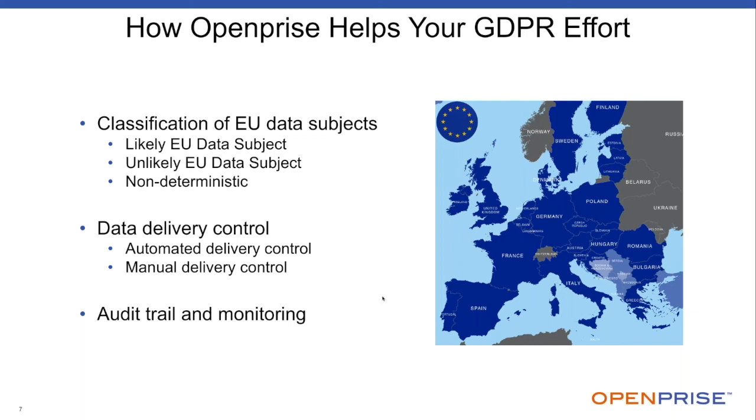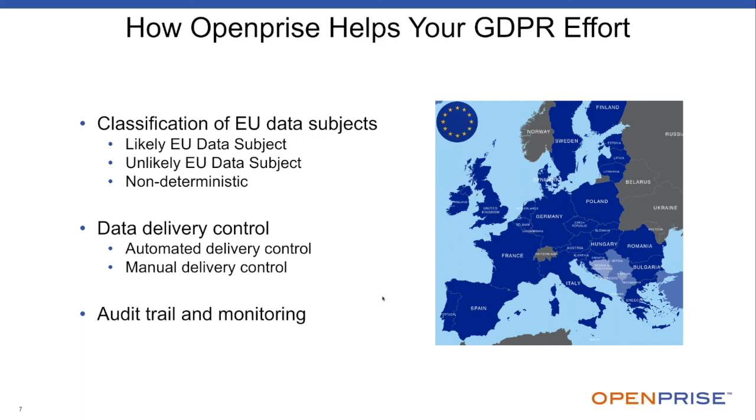Now, audit trail monitoring, we didn't spend too much time on it. Essentially, we have many reports and logs that can help you track where the data has been delivered to. The important thing here is that, for example, if an EU data subject sends you a request to be forgotten, not only do you have to forget that person in your database, you also have to let all the third parties you have ever shared data with know that this person has sent in a forgotten request, and then they also have to remove that person from their systems if they have gotten the data from you.